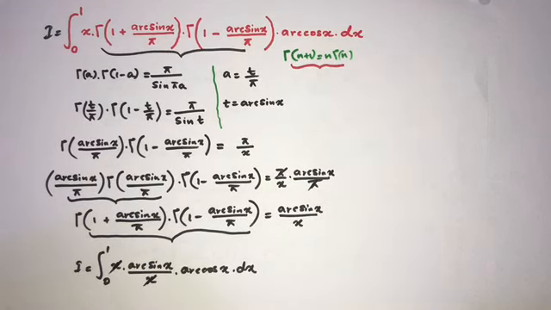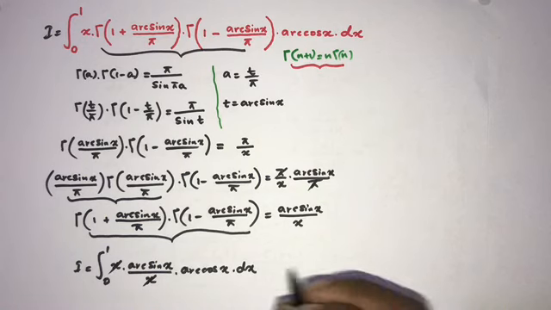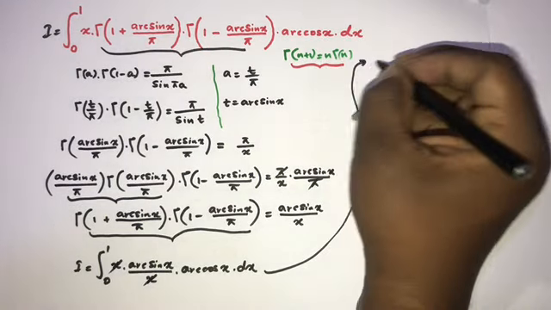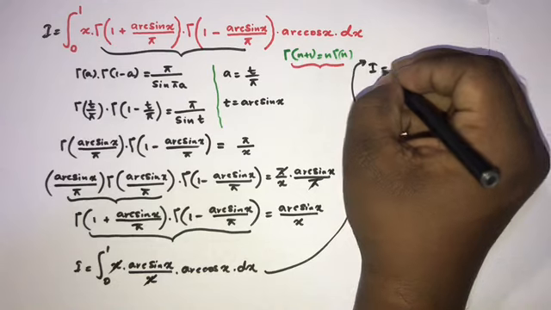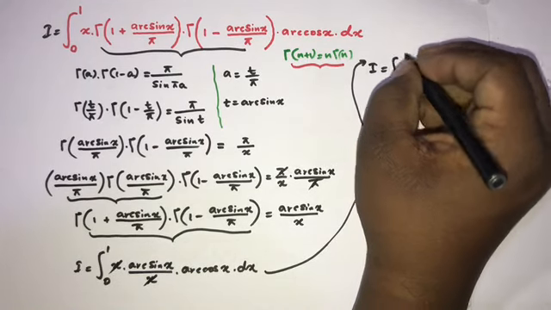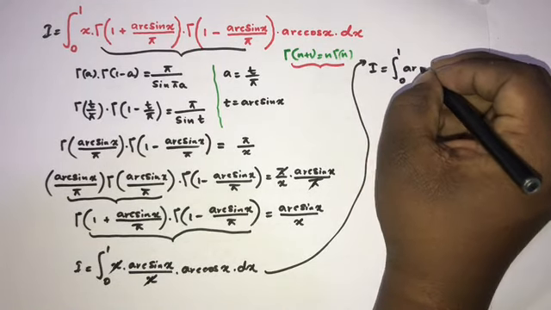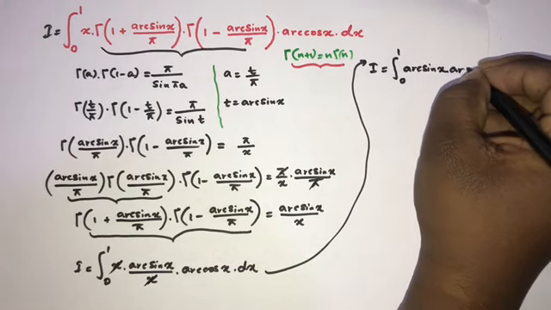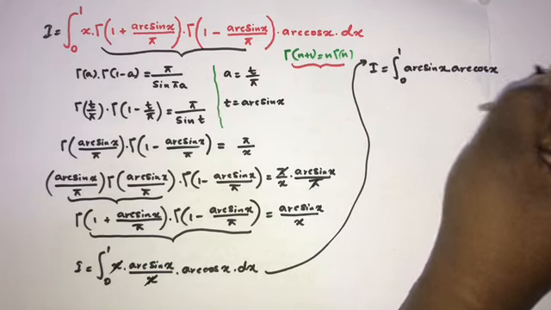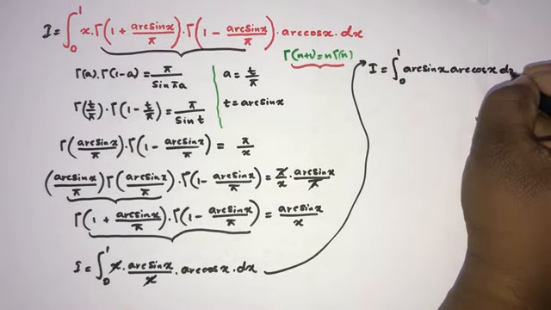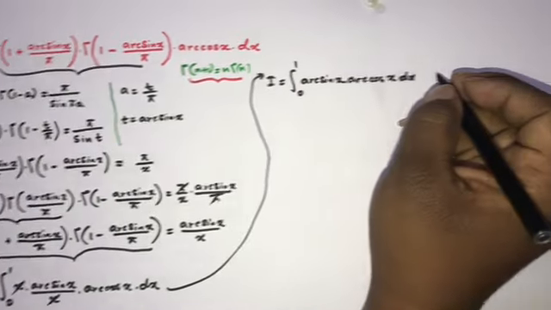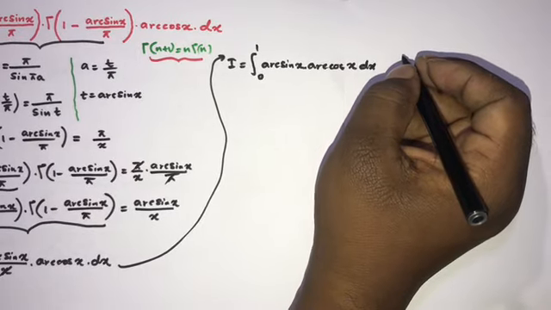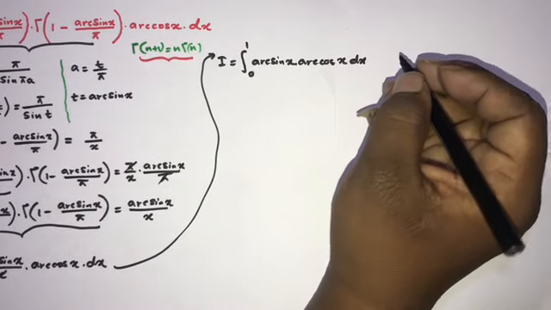Now this x gets cancelled and we have I equal to the integral from 0 to 1 of arc sine of x times arc cosine of x dx. Well, now what can we do?